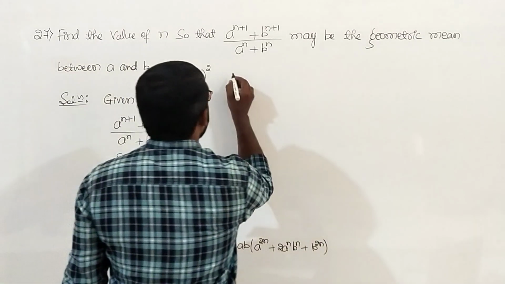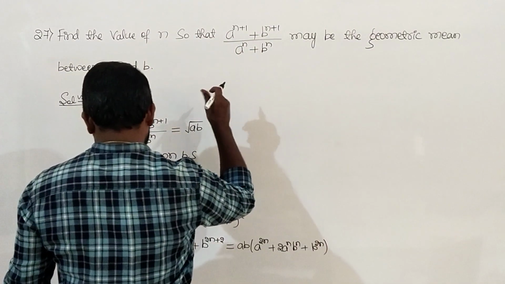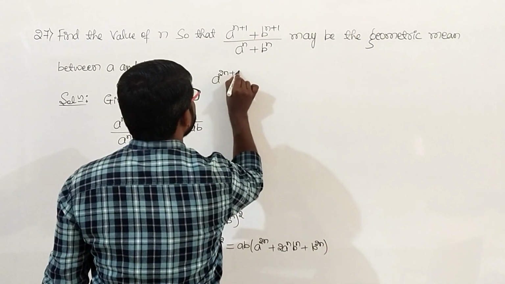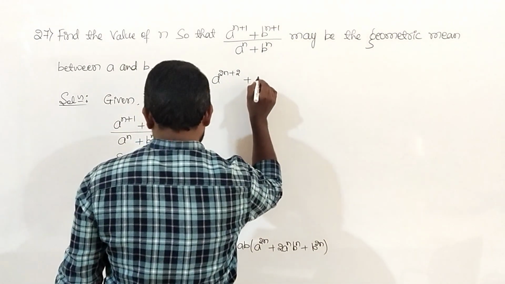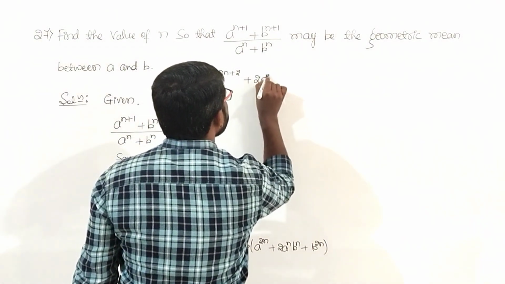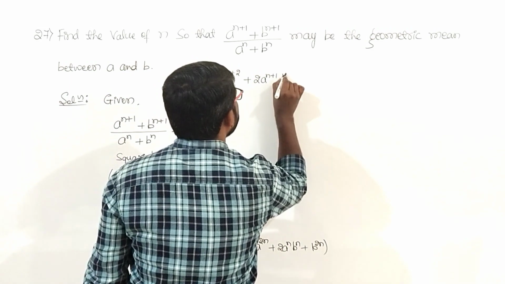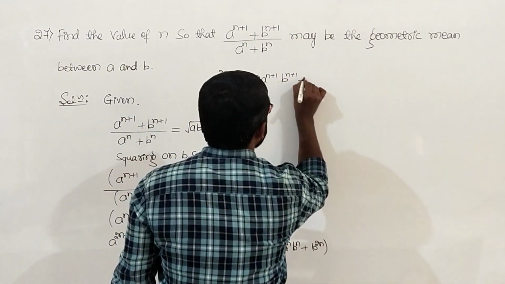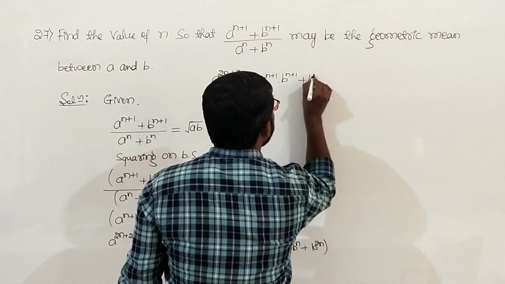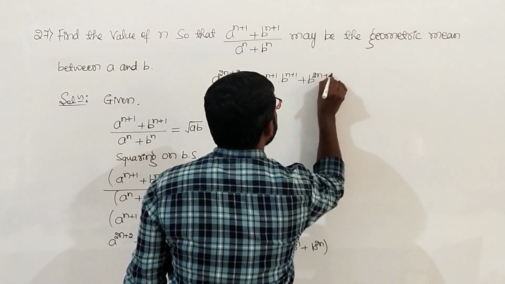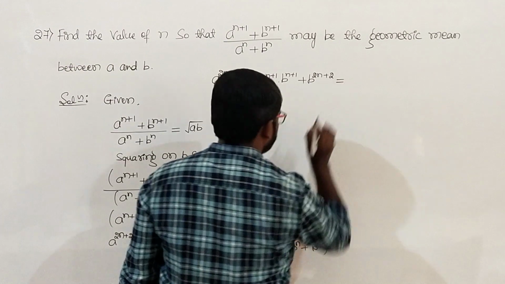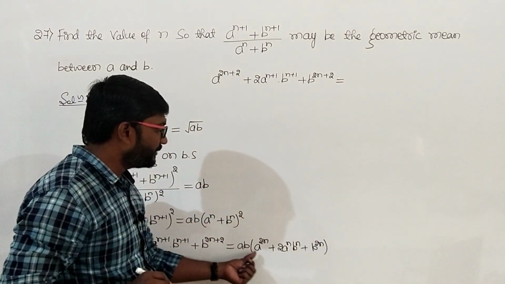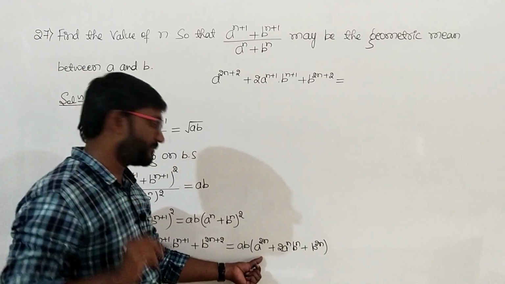So here write the left hand side as it is, a raised to 2n plus 2 plus 2 times a raised to n plus 1 into b raised to n plus 1 plus b to the power 2n plus 2, which is equal to multiply ab with these two terms. Now a into a raised to 2n will be a raised to 2n plus 1.